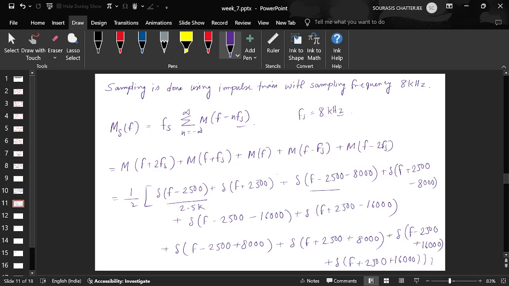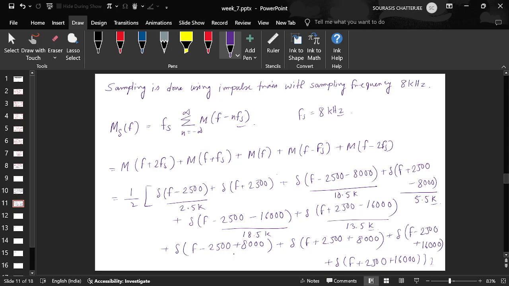This one corresponds to 10.5k, and this one corresponds to 5.5k. This one corresponds to 18.5k, and this one to 13.5k.